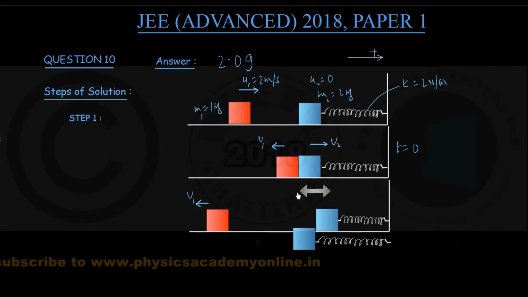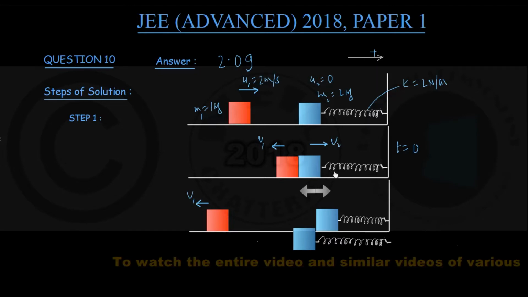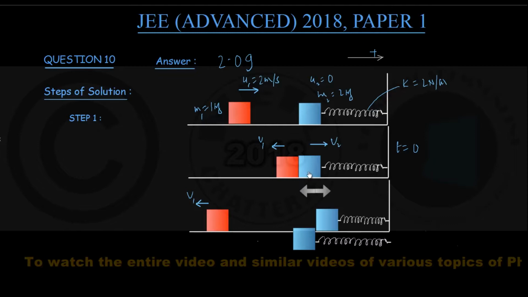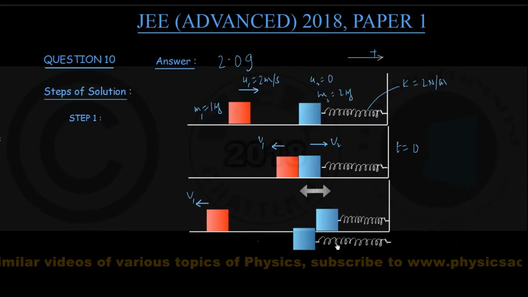So understand these three things together. Originally here, this block, after the collision, goes to the right maximum, causing maximum compression of the spring, returns back to its original position where the spring regains original length, overshoots further to the left, goes to the extreme left where the spring's extension is maximum.